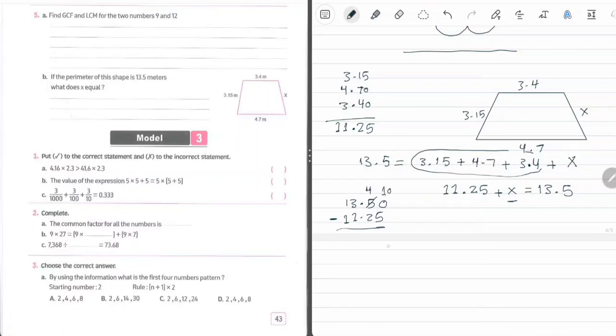This one will be 10. 10 minus 5, it will be 5. And 4 minus 2, it will be 2. And the decimal point, 3 minus 1, it will be 2. 1 minus 1 is 0. So x equals 2.25 meters. So the value of x equals 2.25 meters. This is the value of x.